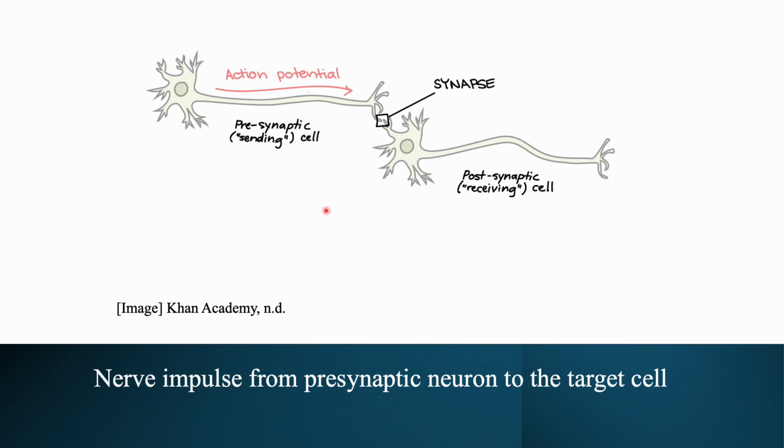Here we see a nerve impulse beginning at the presynaptic or sending cell. To release the neurotransmitter, the action potential is then converted at the synapse here, or the gap between two neurons. After that, the postsynaptic cell, which is across the synapse, will react to that neurotransmitter.